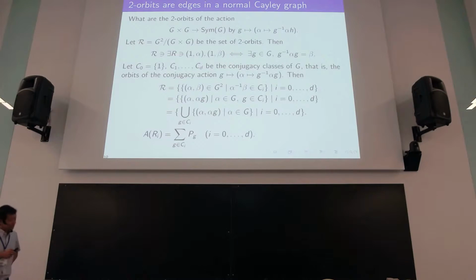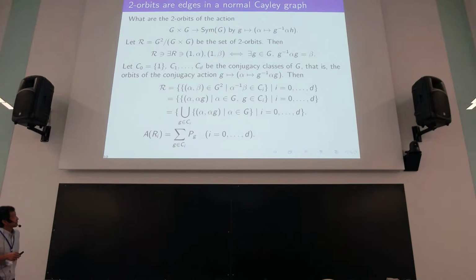Yeah, so this is exactly how the edges are defined in the Cayley graph. So the edge set in the Cayley graph is alpha, comma, alpha g, where g is from the set specified to define the edge set of the Cayley graph.